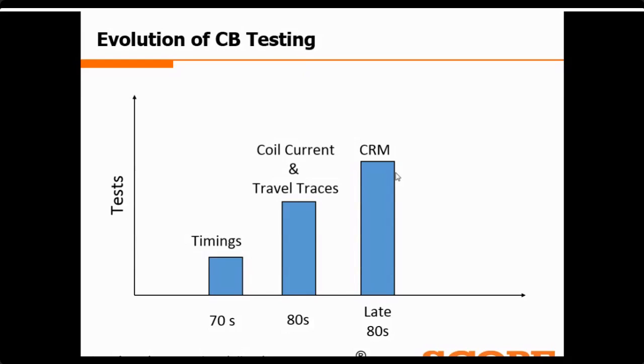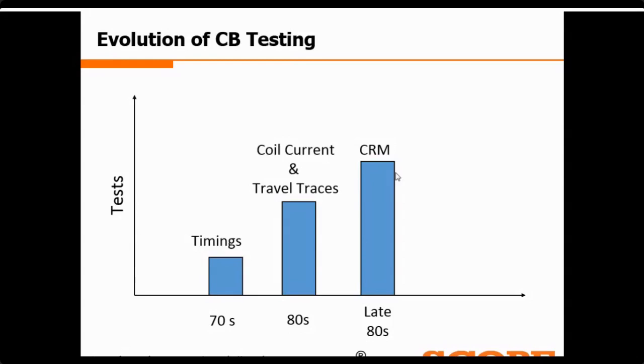But with the help of CRM, we could never understand the condition of the arcing contact. We all know that the arcing contacts are the ones protecting the main contacts while a fault is there in the system, because the transient current, the arcing current, passes through the arcing contact. The main contact is the one which carries the rated current of the circuit breaker.